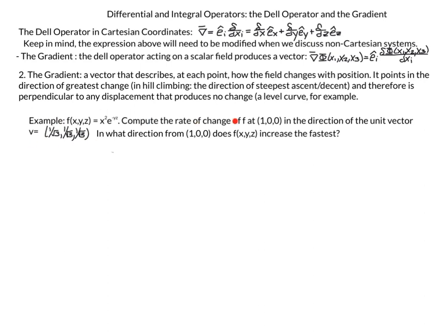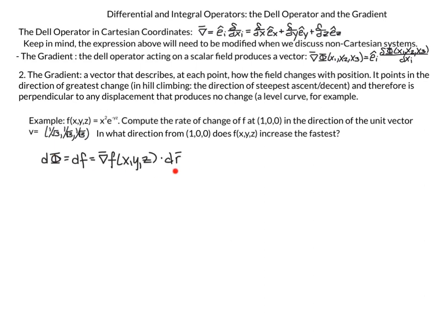The rate of change is given to us by the gradient. The gradient is a function dependent on x, y, z, so we plug in and we get a rate of change. If we want it in a particular direction, then we dot it with that vector.